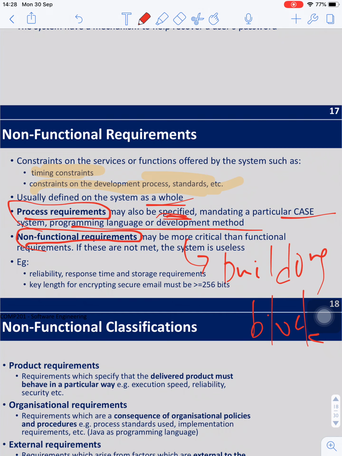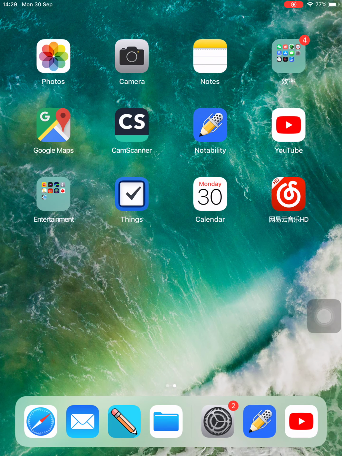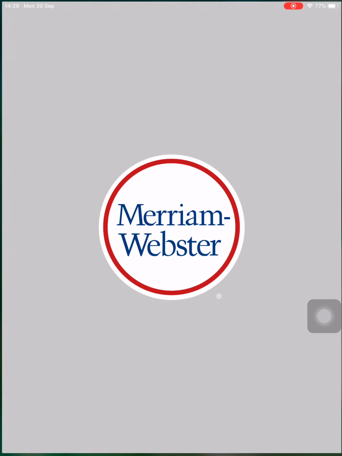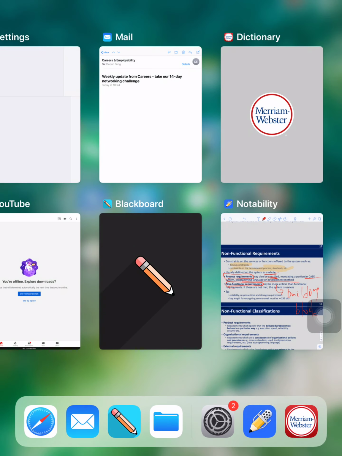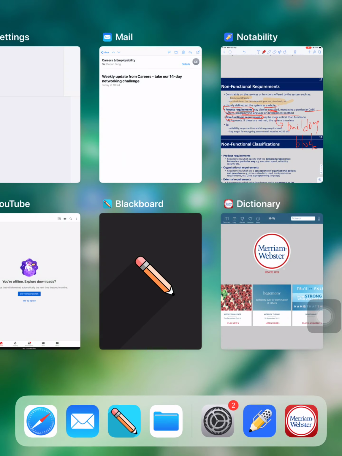Oh, I see. So the non-functional requirement can be mandating. Let's see what that means.